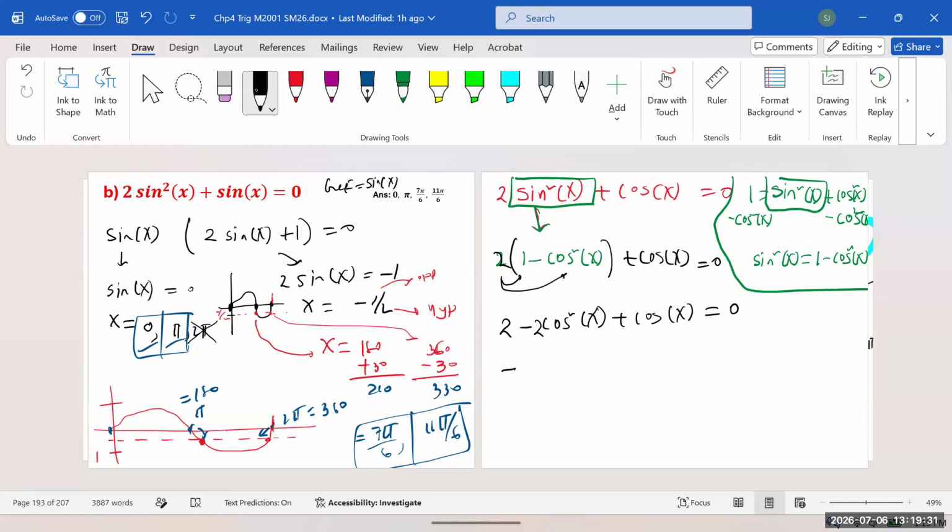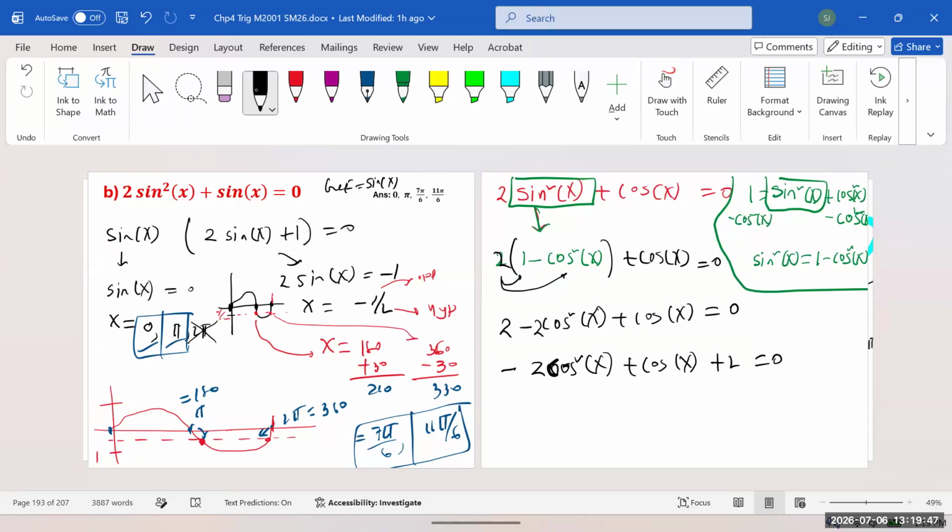So we have negative 2 cosine squared x plus cosine x plus 2 equals 0.